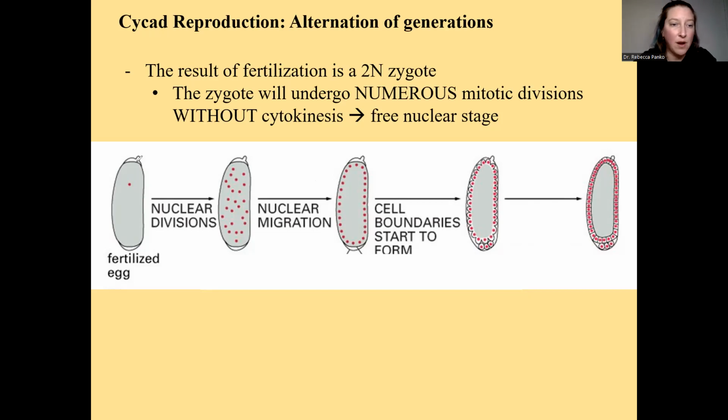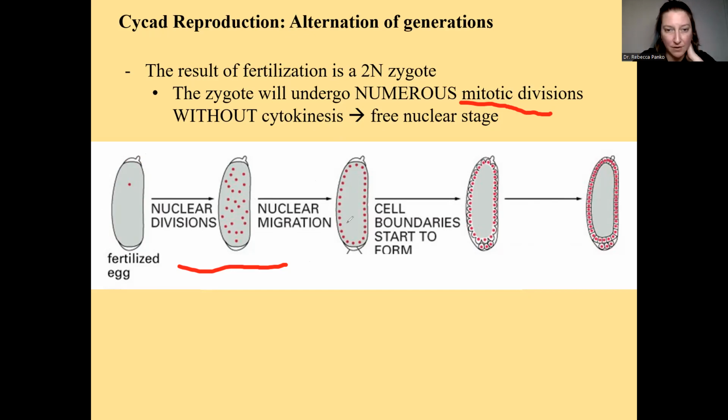But in this diagram here, here's a fertilized egg. Here's many mitotic events occurring, but no cytokinesis. All of these new nuclei, the result of all these mitotic divisions, you get all these different little red nuclei here.